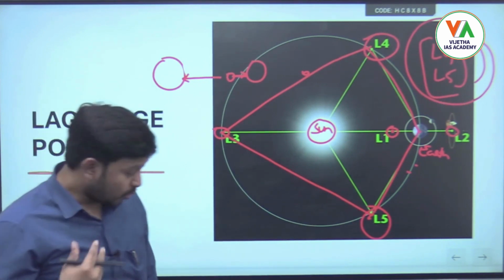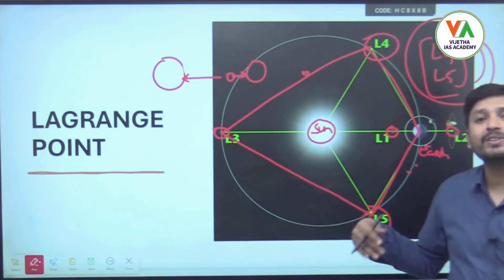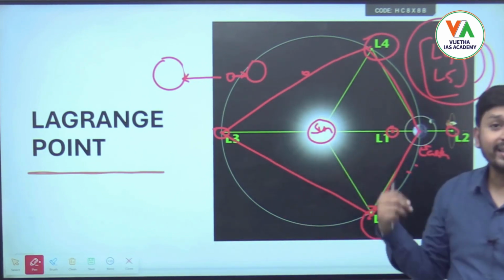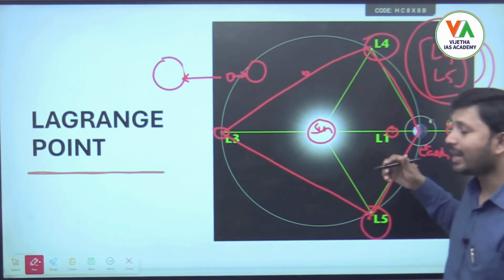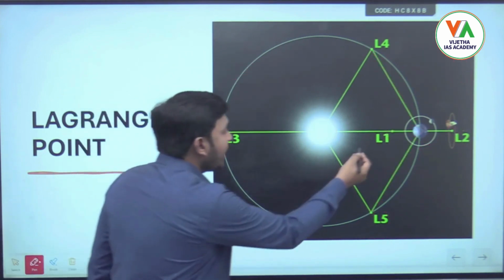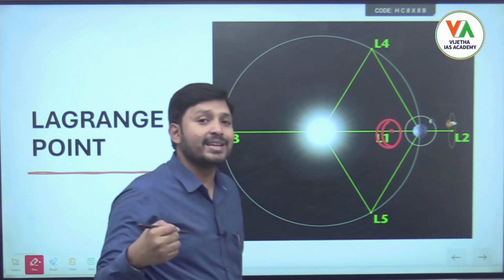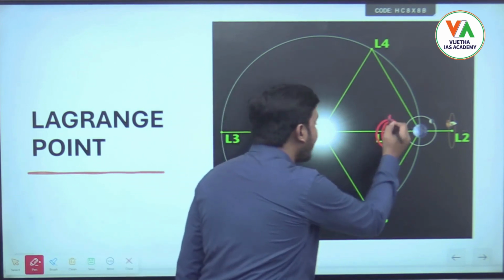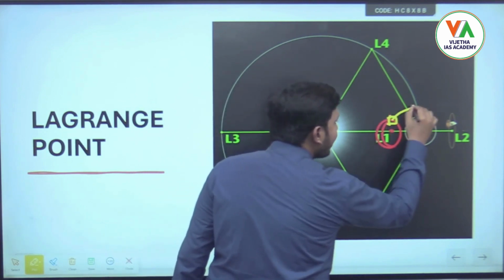So what is the link of this Lagrangian point system with our Aditya mission? The Aditya mission, which we have already launched, is going to be placed in a halo orbit. This is our satellite Aditya.